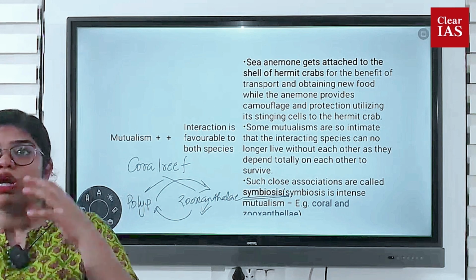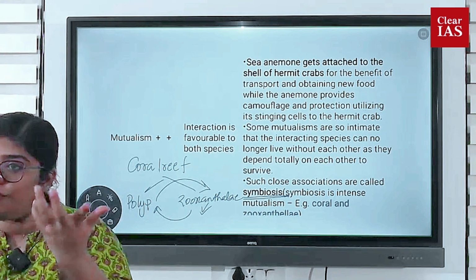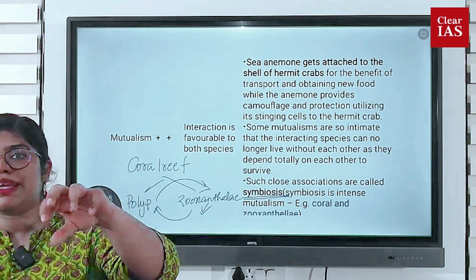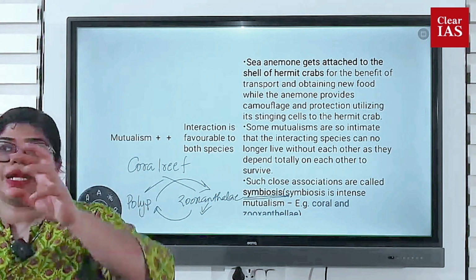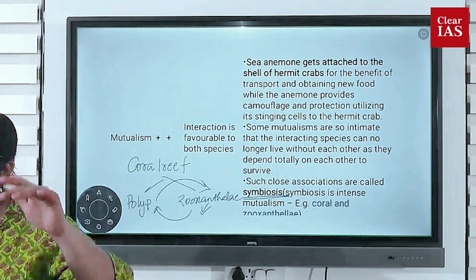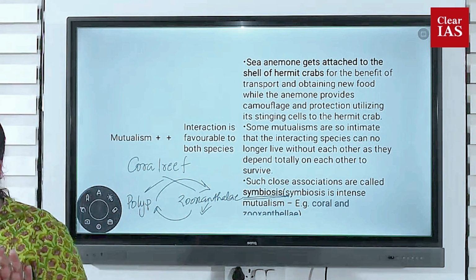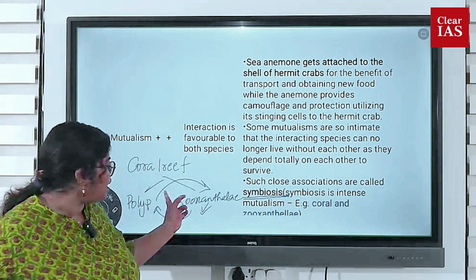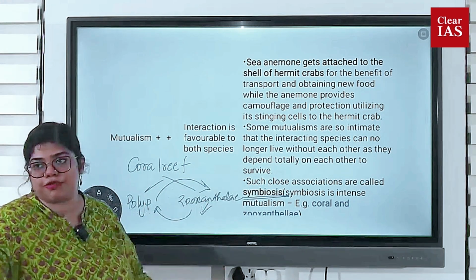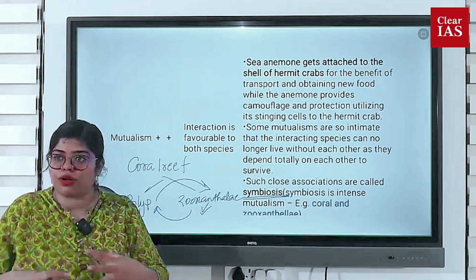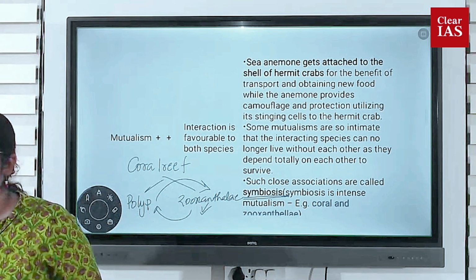So what is happening here? The crocodile is getting free cleaning of its mouth, and the bird is getting food out of it. Both are benefited, but they are not mutually dependent on each other. Any bird can serve the purpose, or any crocodile can. But in coral polyps, if one of the things is removed, the other dies off. That is a much deeper relation, that is symbiosis.